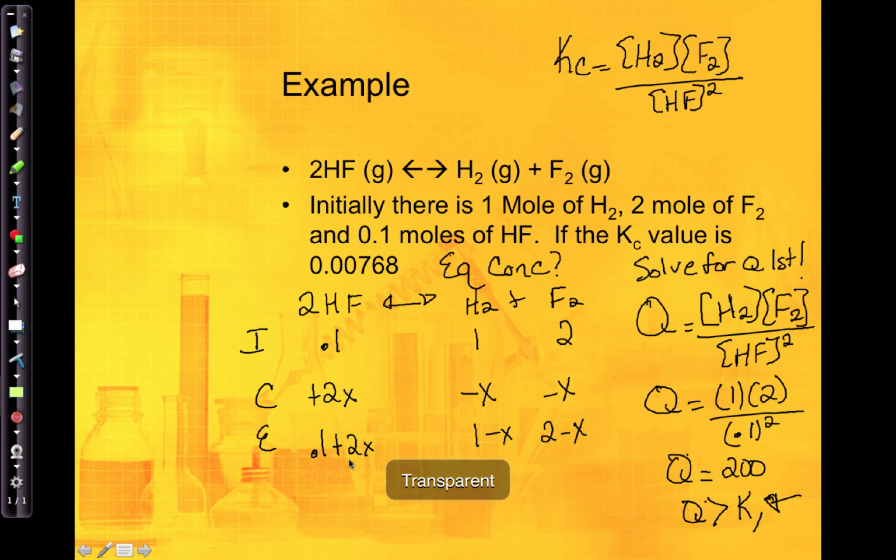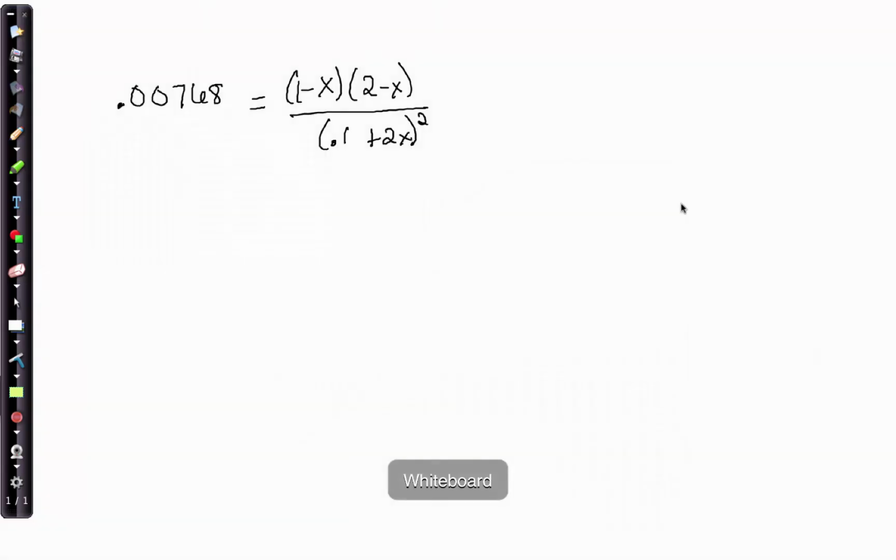It was 0.00768, and that's equal to 1 minus x times 2 minus x divided by 0.1 plus 2x squared. If you go back to your ice table, remember, we're plugging these values into the K expression, and that's how we came up with what we just did.